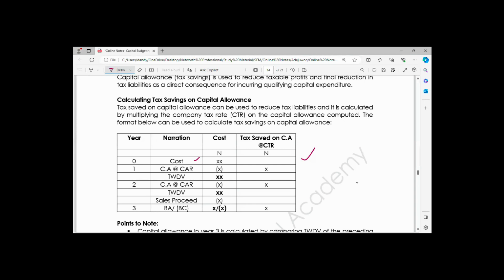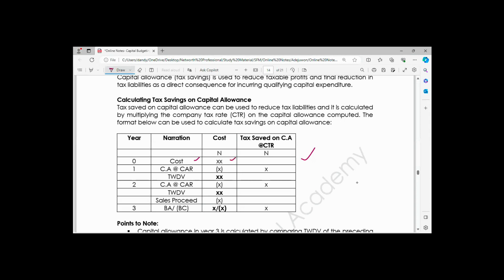So if you are given a second-hand asset, you don't calculate capital allowance on that. You have to ignore. However, on this format, we're assuming it is a qualifying capital expenditure, say, for example, equipment. Therefore, I would pick the cost of the assets.